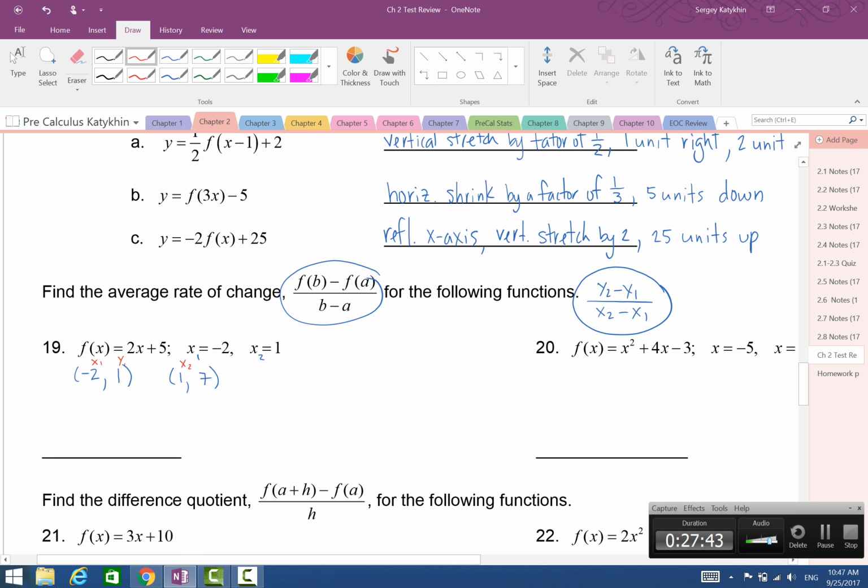This will be x2, y2. And you get the following: 7 minus 1 divided by 1 minus a -2, which is equivalent to 6 divided by 3, which is 2. So my answer here will be +2.